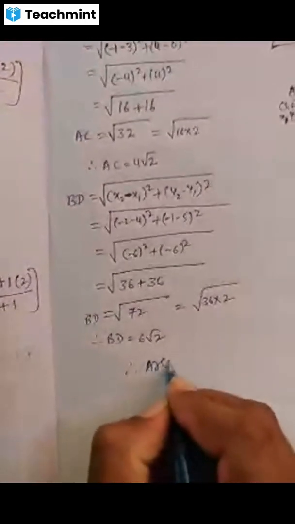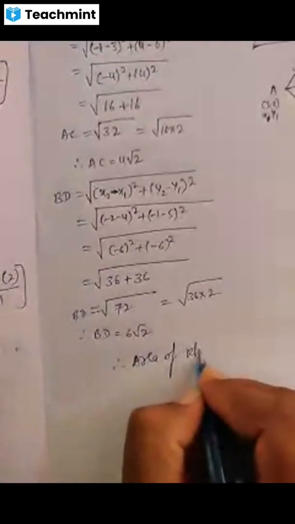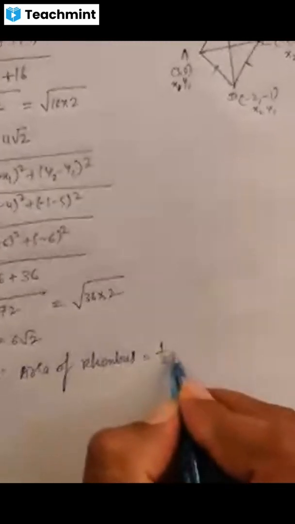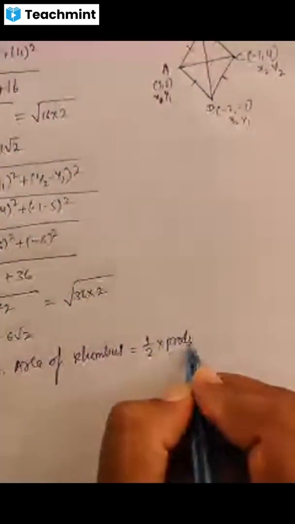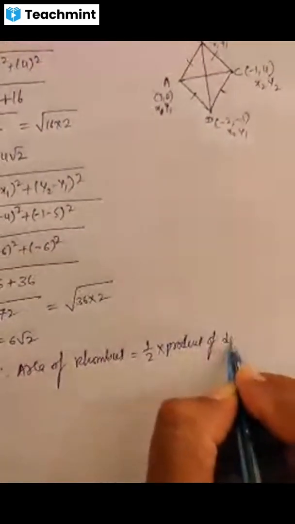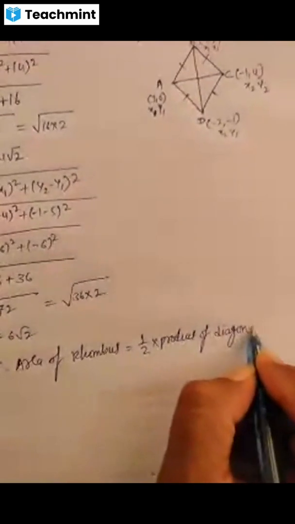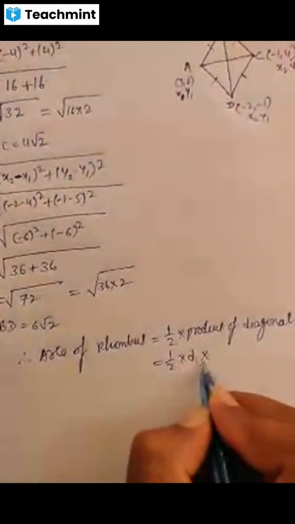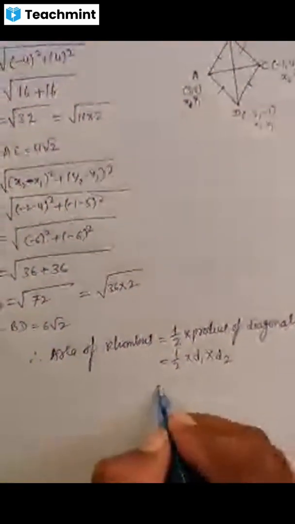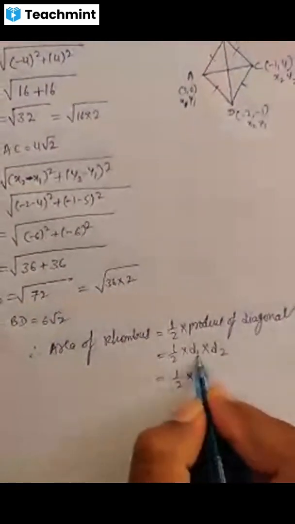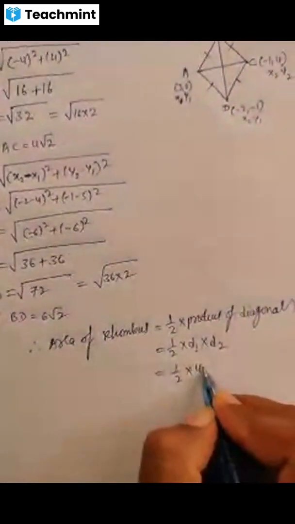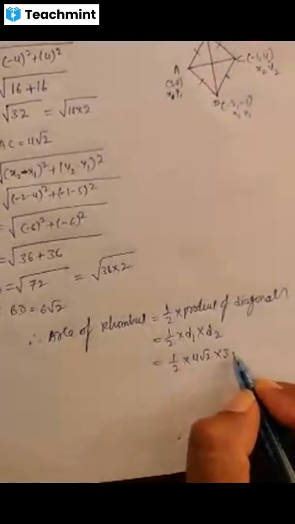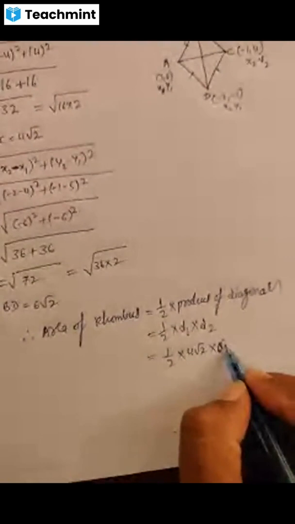Therefore, the area of the rhombus is given by half into the product of diagonals, that is half into diagonal D1 into diagonal D2. So half into diagonal D1, which is 4 root 2, into diagonal D2, which is 6 root 2.